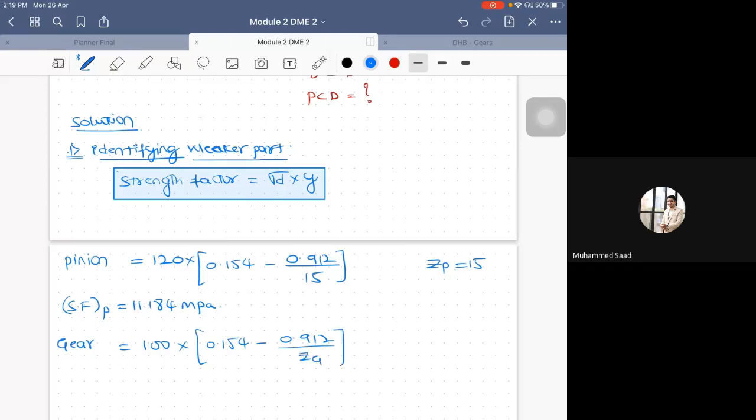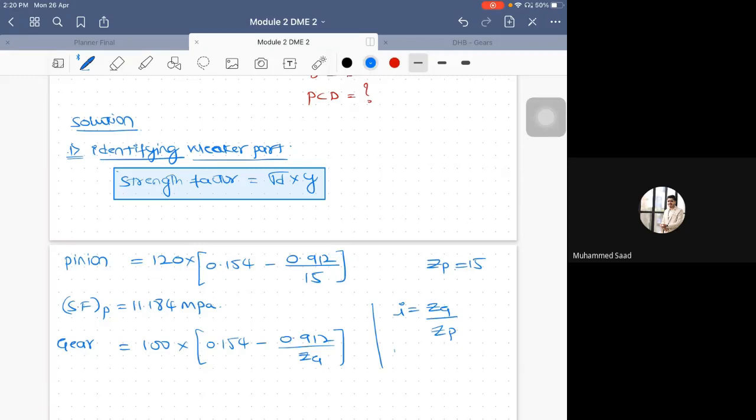Do I have the number of teeth on the gear? No. So how to do that? You can write the velocity ratio i equals Zg divided by Zp, number of teeth on the gear over number of teeth on the pinion.